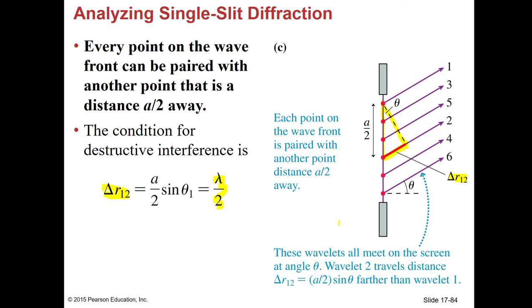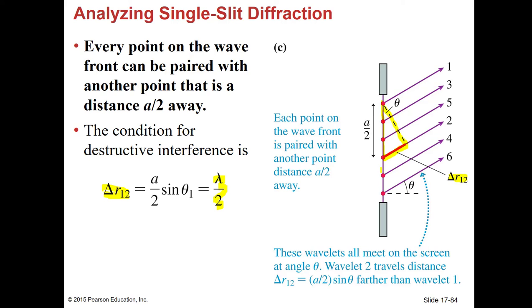It's not two. With two slits, it was easier. The light went through one, spread out, went through the other, spread out, they interfered. That was easier to visualize. This is light going through one hole only, but thinking about it as a whole bunch of points on that wave coming in.